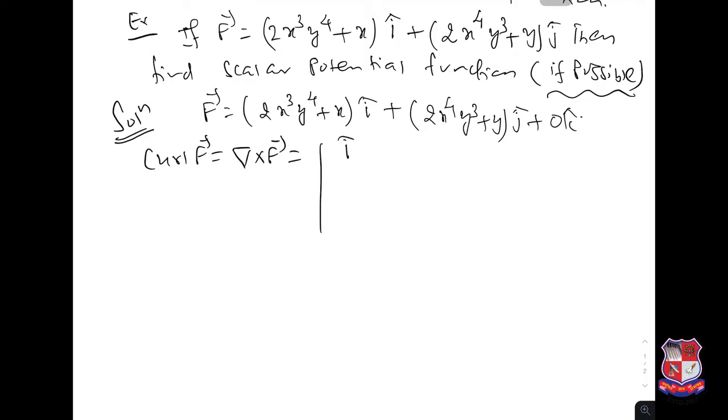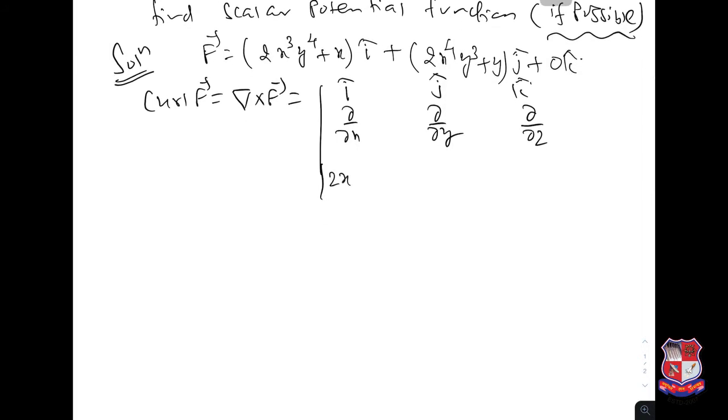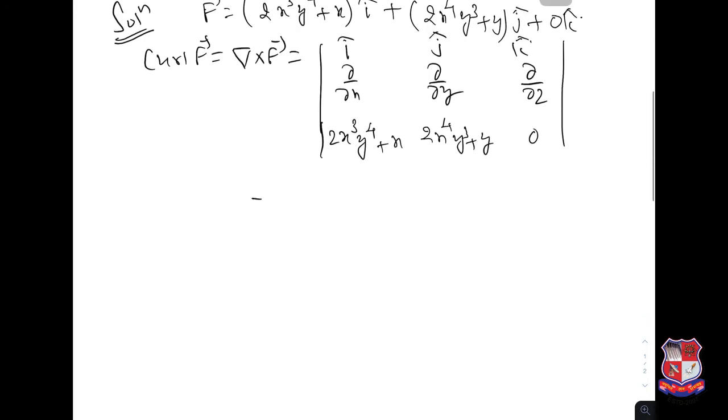So let us write i j k, del by del x, del by del y, del by del z, then this is 2x cube y power 4 plus x, 2x power 4 y cube plus y, and 0. Now let us evaluate the determinant.